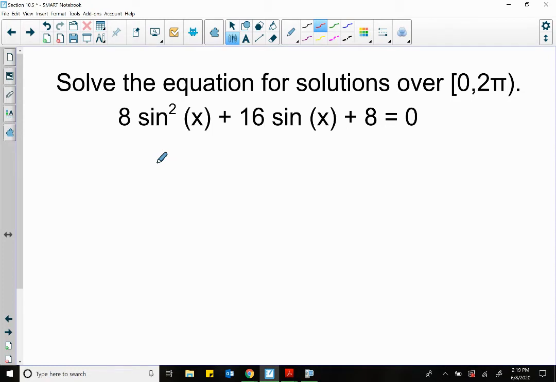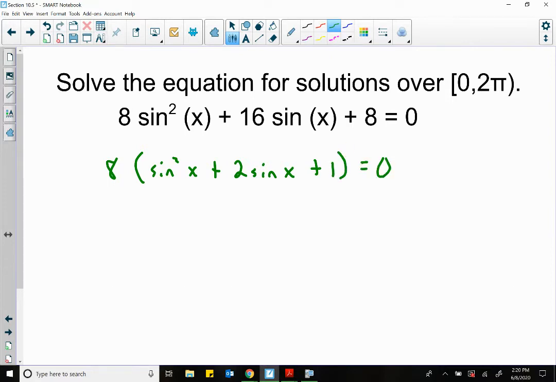Okay. So hopefully when you saw this, the first thing you thought of is, oh, there's a GCF up here. 8, 16, and 8. So I'm going to pull out 8 and deal with sine squared x plus 2 sine x plus 1.